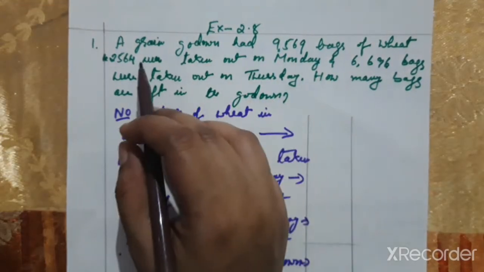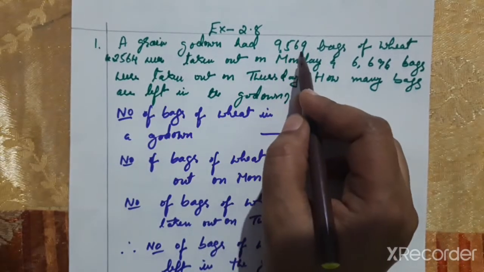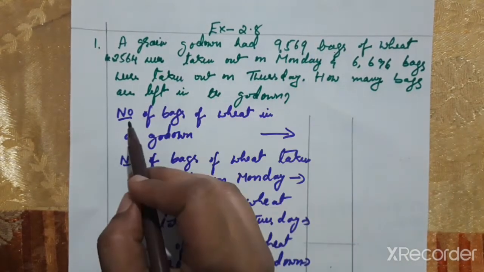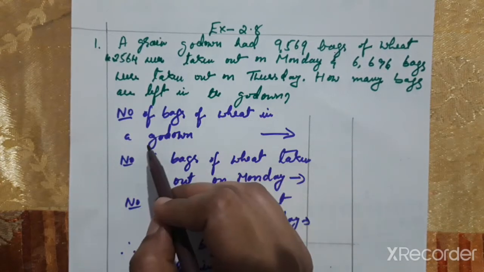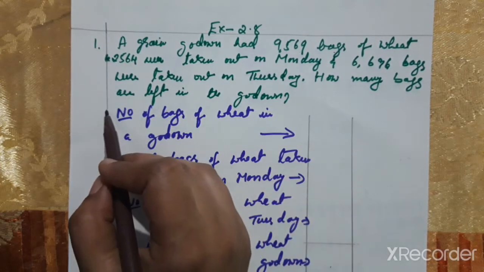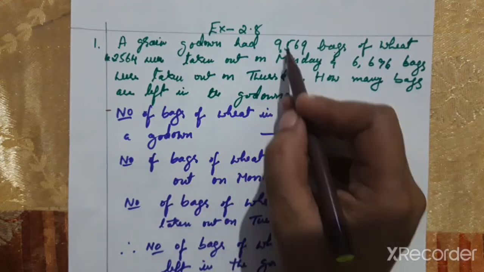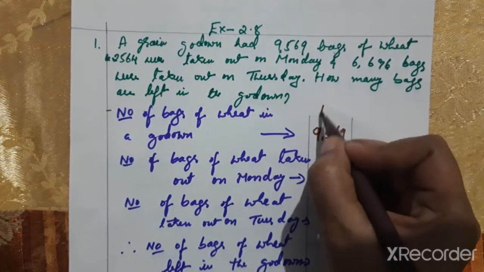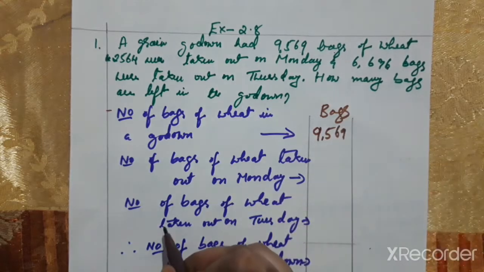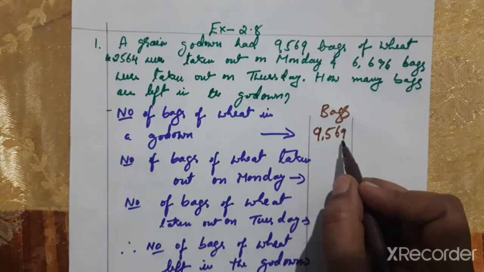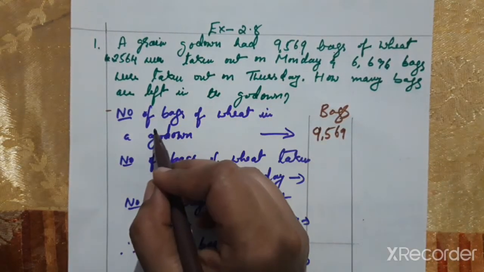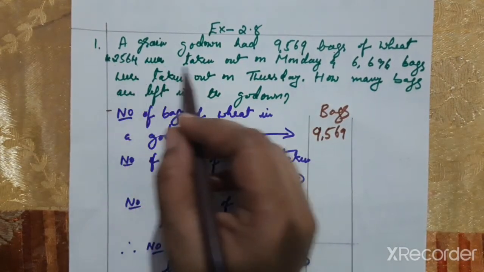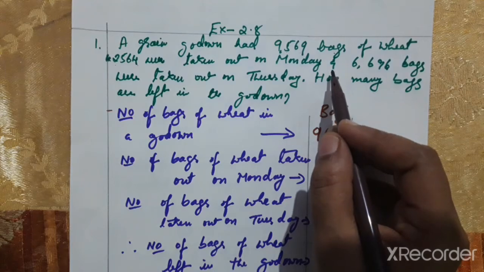Exercise 2.8. A grain garden had 9,569 bags. So we have to write what is given in the question. The total number of bags of wheat in a garden: how much is given in the question? 9,569 bags. In that, 2,564 bags were taken out on Monday.